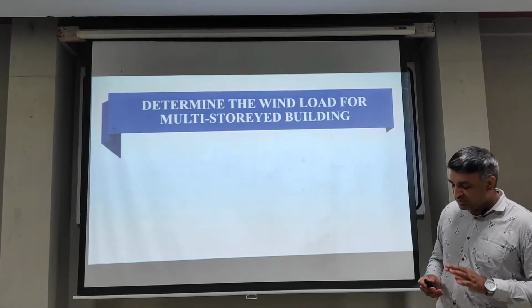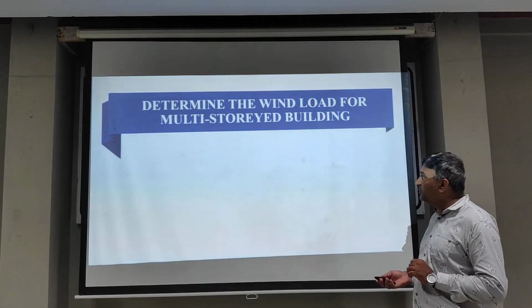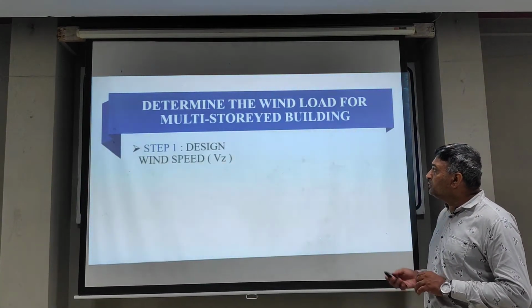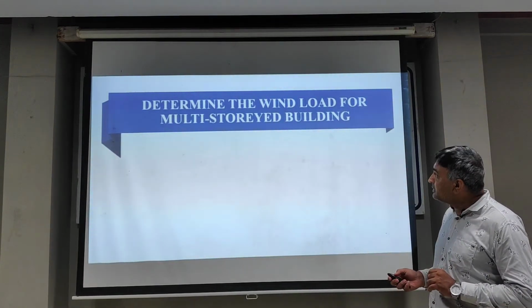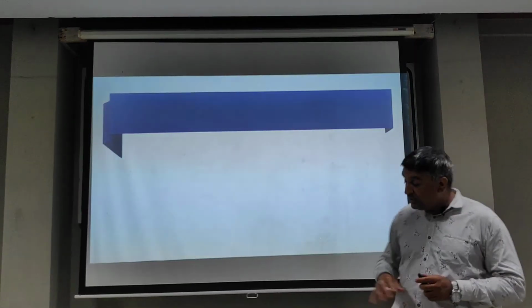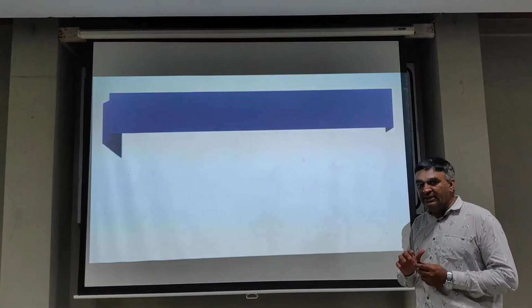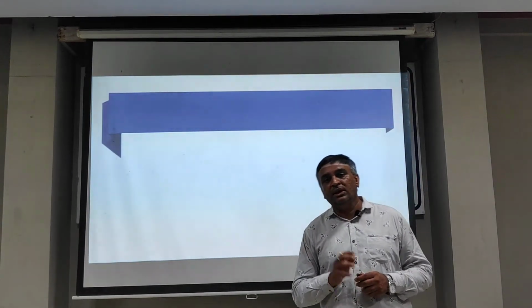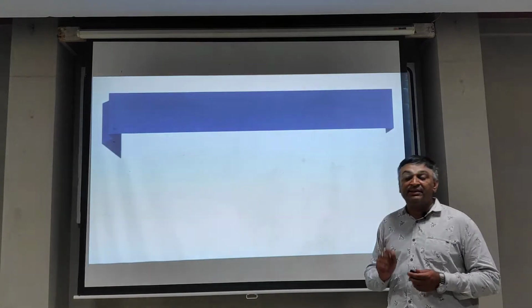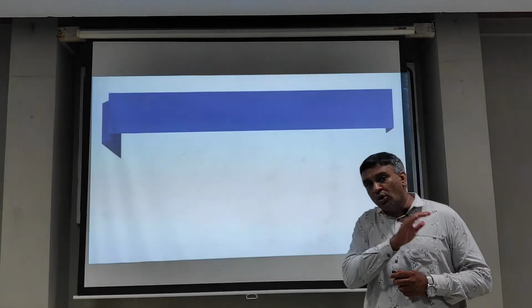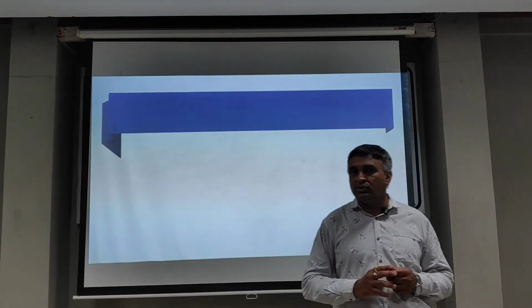Now, I would like to start the example. Before that, I want to give one step. Before starting this lecture, I would like to introduce which code we will use. In this chapter, we will use the code IS 875. IS 875 is available in the old code also and in the new code also.